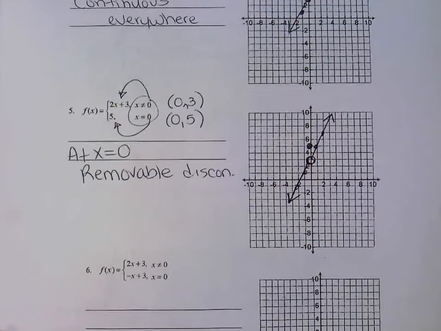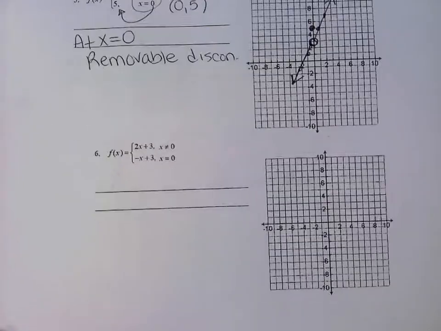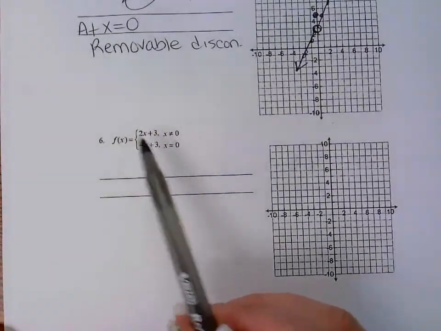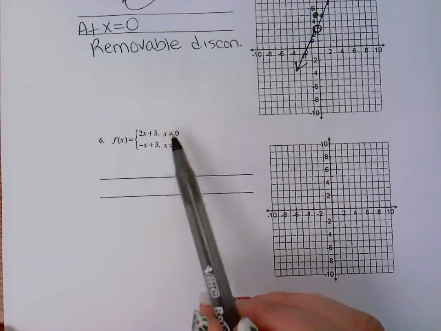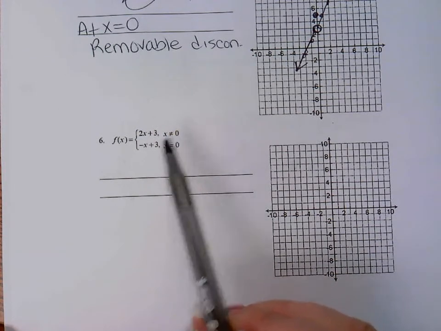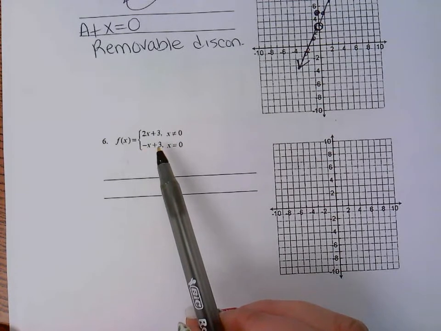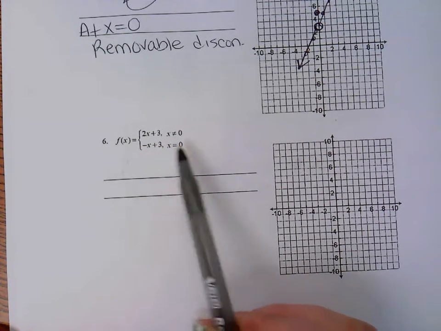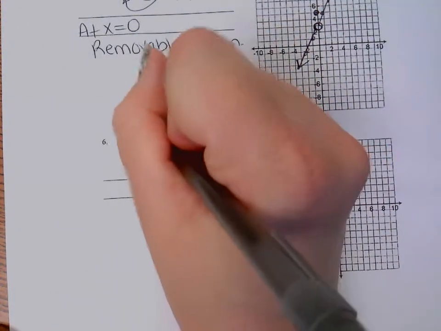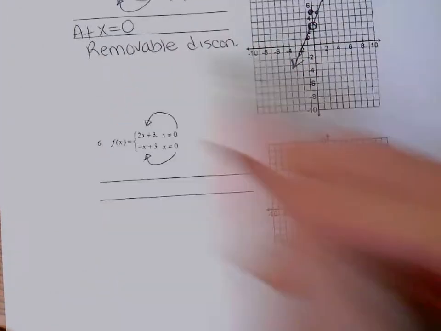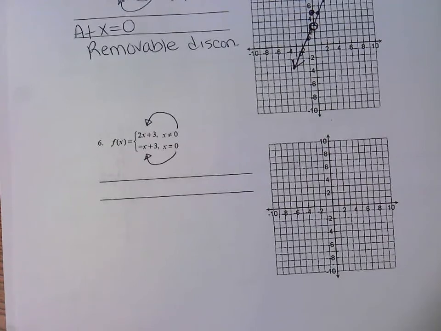So let's try this last one. I still have that same function, 2x plus 3, and this time x cannot equal 0. And then this function is negative x plus 3. And this is when x does equal 0. So I just want to plug in 0 in each of these functions and see what I get.